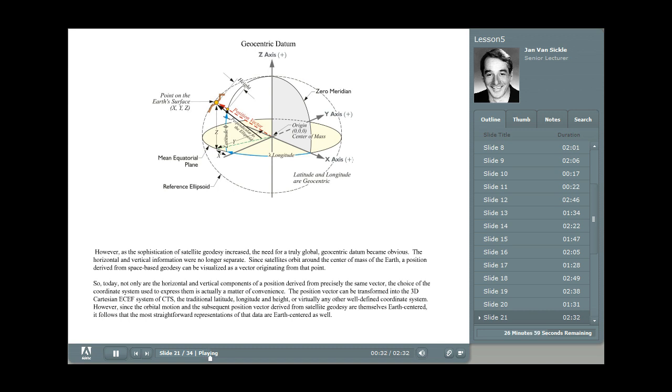One thing you see is the longitude, symbolized by lambda, from the prime meridian over to a point on the equatorial plane, and then from there, latitude up to the position of this point as represented on the ellipsoid, the reference ellipsoid of the datum. The original slide had no ellipsoid on it.